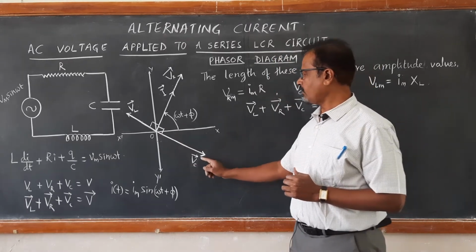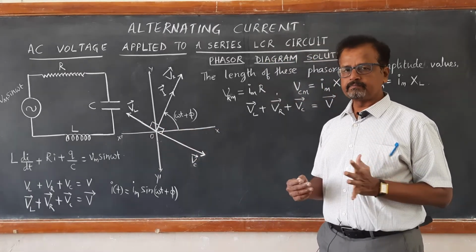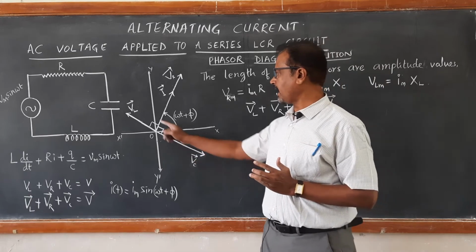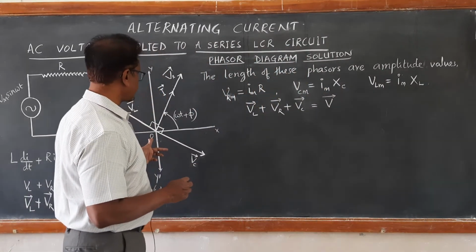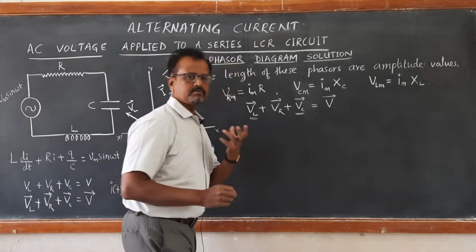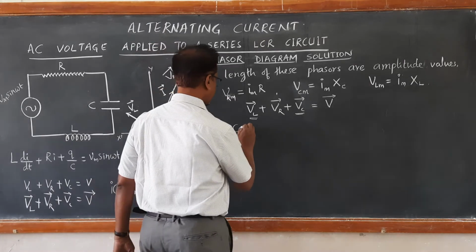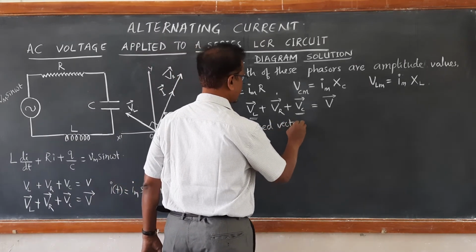So we can have the combined effect of VC vector and VL vector, which can be taken as one single combined vector.